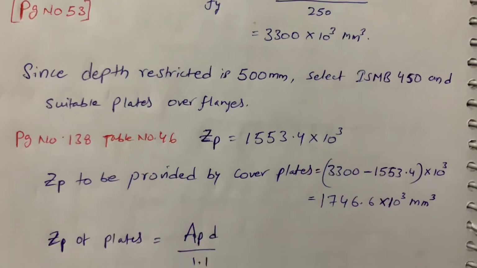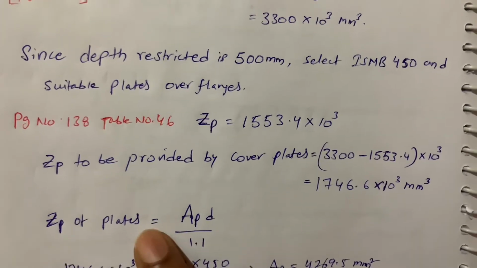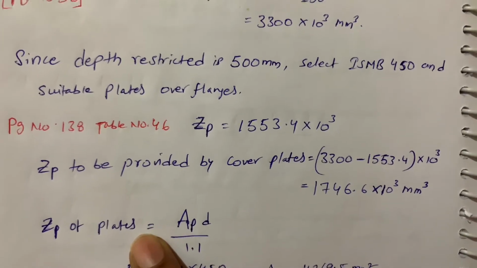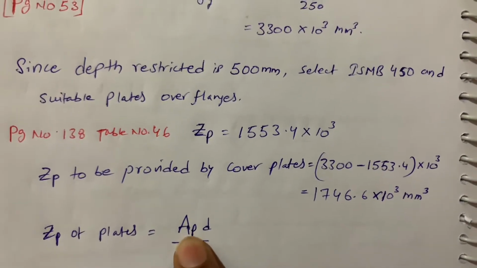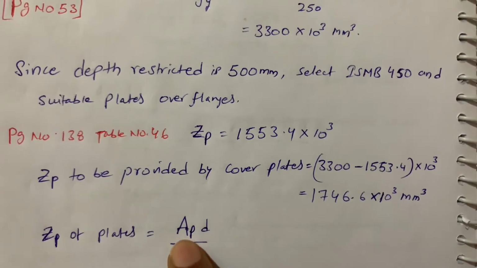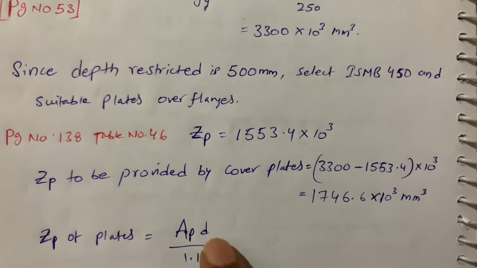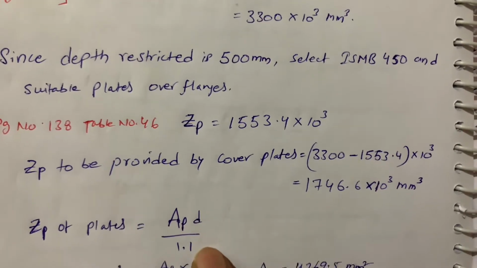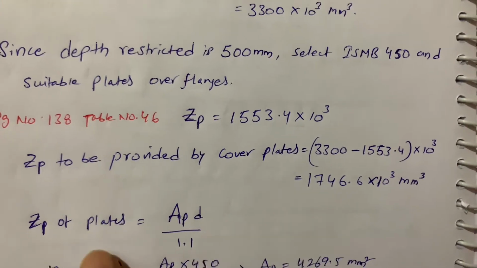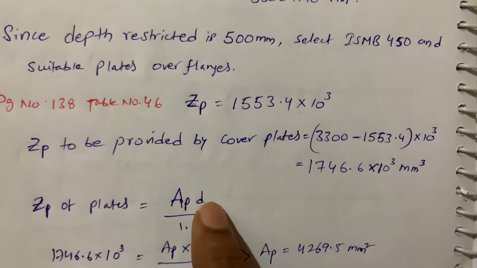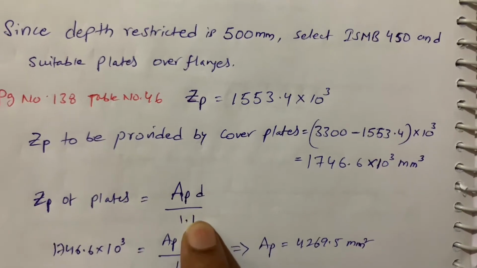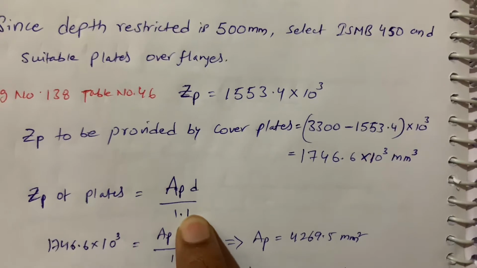And next, ZP of the plates. So for ZP of the plates we need to calculate the area. For that, we are using this formula, area into D by 1.1. This is the partial safety factor, and we know the ZP value, and we know the D value, and we know the partial safety factor value.